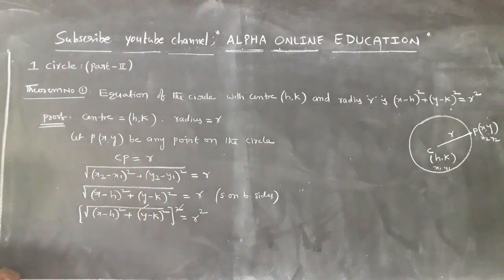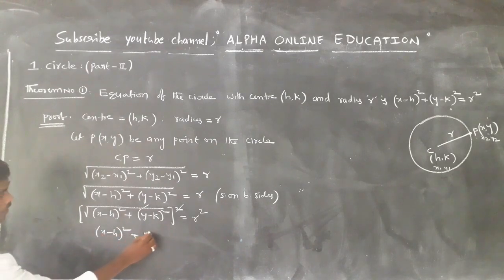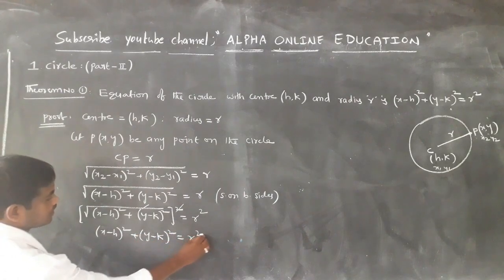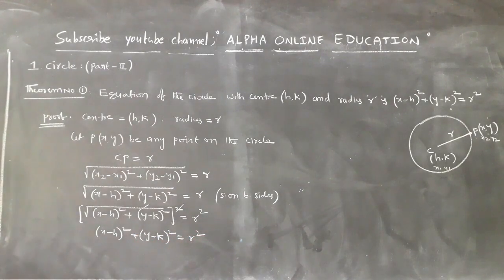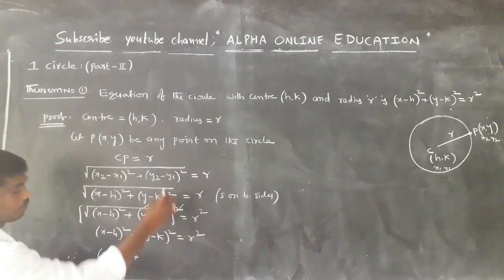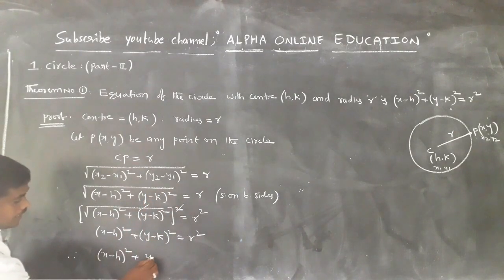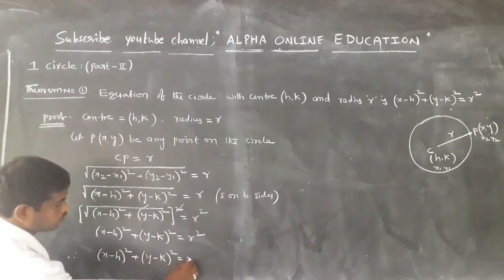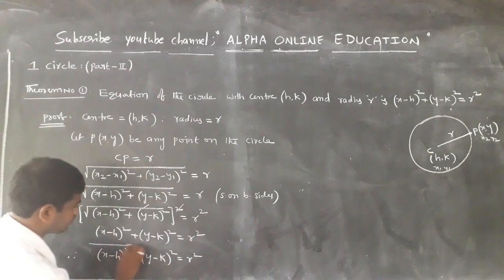Square root cancels. x minus h whole square plus y minus k whole square is equal to r square. Therefore, the equation of the circle with center h comma k and radius r is x minus h whole square plus y minus k whole square equal to r square.